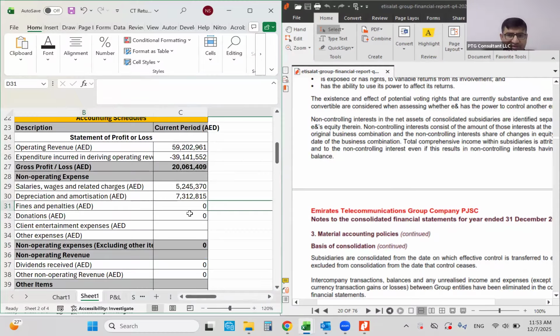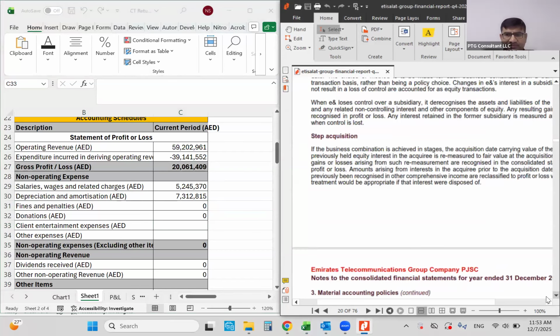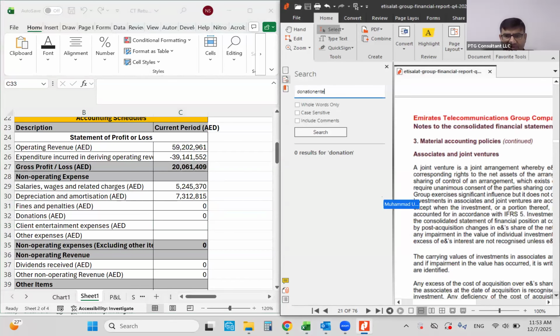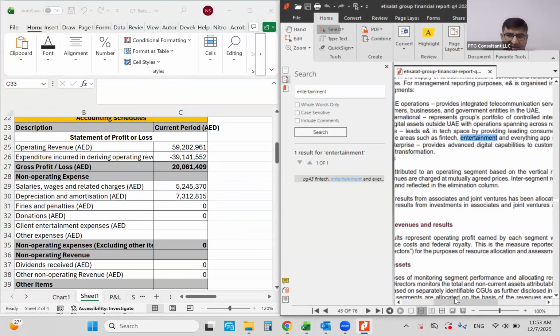Hassan, you can unmute yourself. Sir, there is one note in note 7. There is one line: operating expenses include 29.78 million related to social contribution. So we can consider that. Yes.